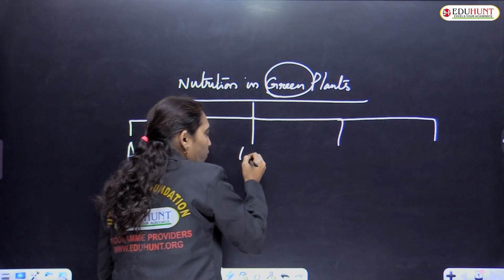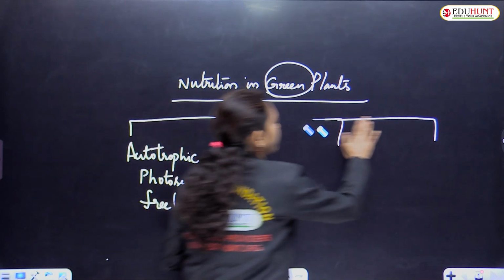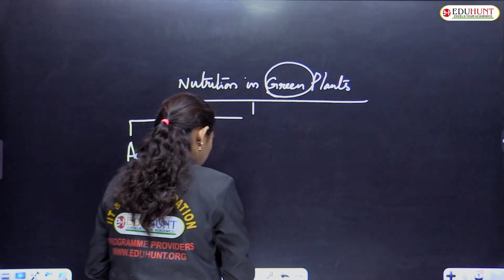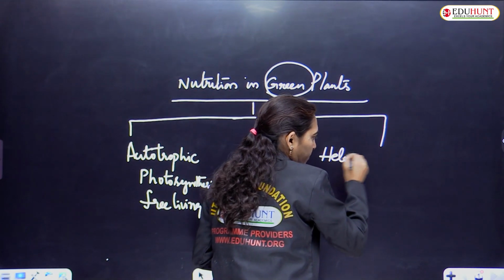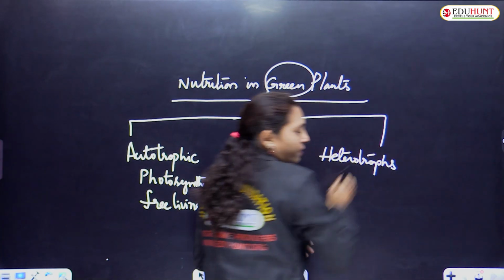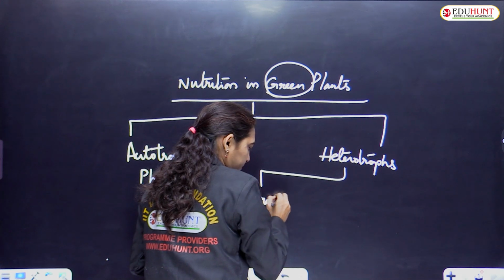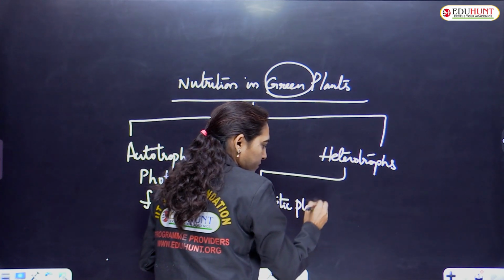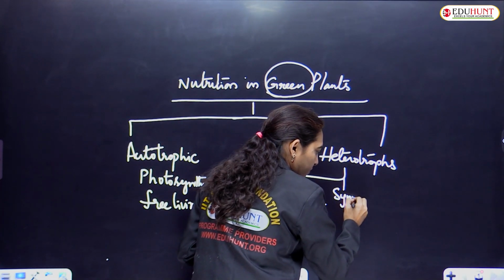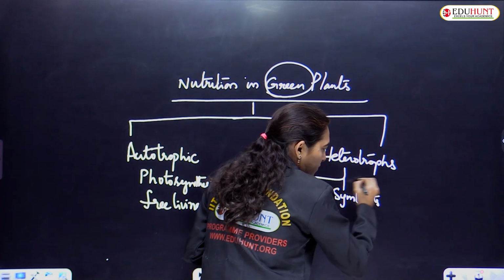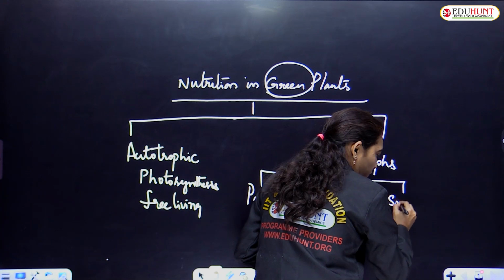Next is heterotrophs. Plants broadly can be categorized into autotrophs and heterotrophs. These heterotrophs are again of types: parasitic plants, symbionts, we'll discuss what symbionts are, and saprophytes.